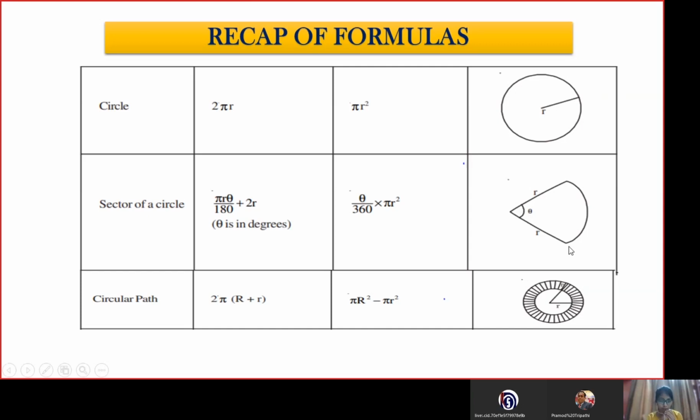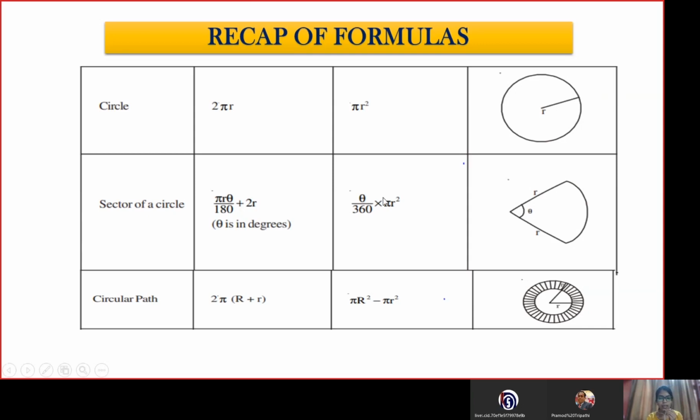The formula for perimeter of sector is pi r theta upon 180 plus 2r. Okay, you add both the radii and the length of the arc. This will give you the perimeter. Then area of this sector is theta upon 360 into pi r square.